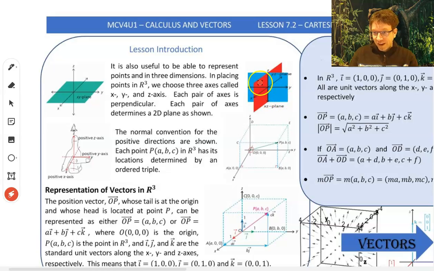Similarly, we have the yz plane, which is this one here, and the xz plane here. Just like our xy plane, we have only one coordinate at z, in our example z equals 0.